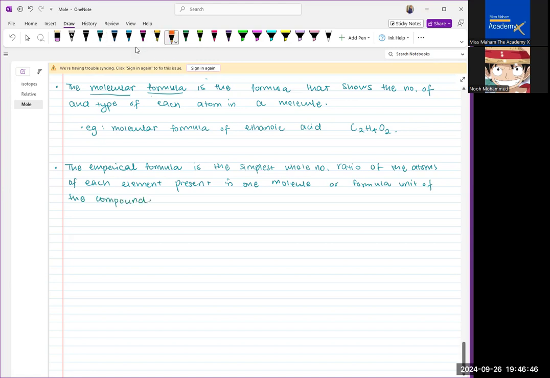So there might be instances where your molecular formula is also your empirical formula. For example, carbon dioxide, CO2. This is the molecular formula for carbon dioxide, right? Now, if I want to know the empirical formula for this, I will just take the whole number ratio: one carbon, two oxygens. I can't reduce it further, right?